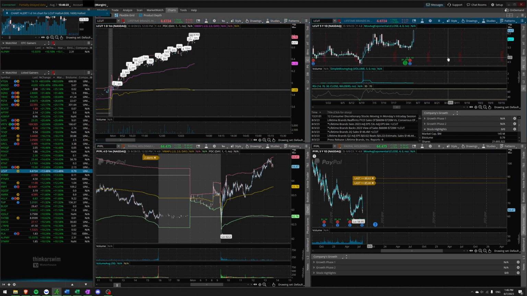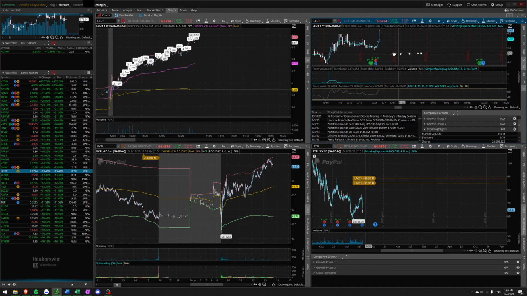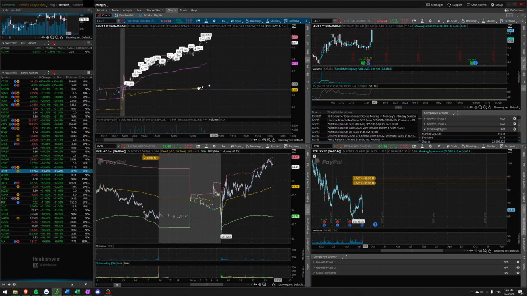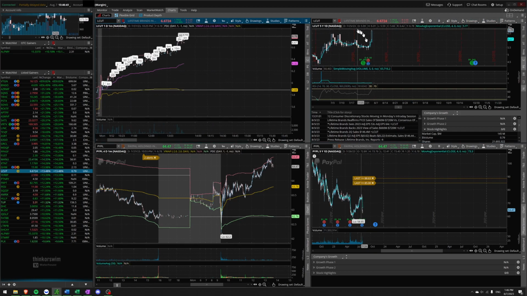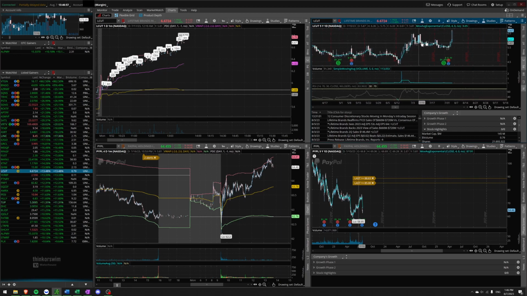L cut. I see you, L cut. Cutting through all this resistance over here. Yeah, buddy. You know what's good. L cut. This one is very interesting because I could measure 40% from this level, but this resistance is just so abundant.